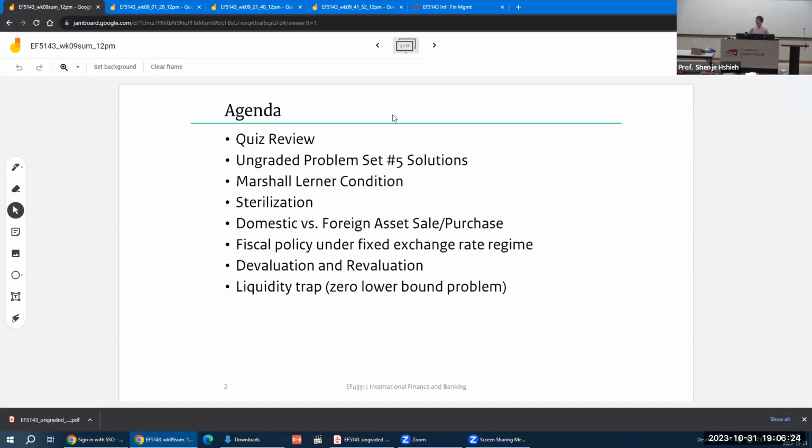Think about George Soros during the UK episode, in which the British pound was actually pegged to the euro. Maybe you didn't know that during the 90s, the British pound at a certain point was pegged to the euro. What he did is he bet that the central bank wouldn't be able to maintain the peg. In order to maintain a peg, you need to maintain infinite convertibility of the euro to the British pound.